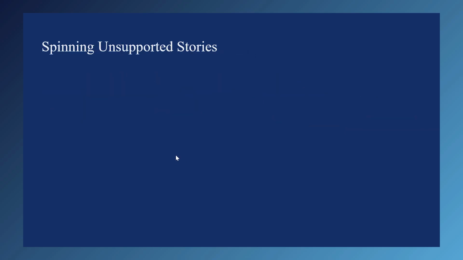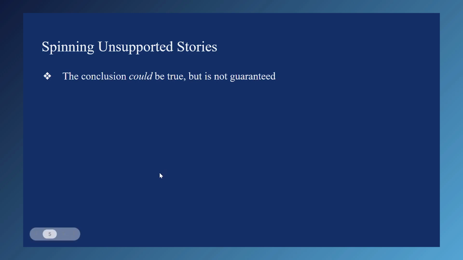When spinning unsupported stories, which is what we would like to avoid, the conclusion could be true, but is not guaranteed. This comes up a lot in critical reasoning because a lot of the conclusions could be true, but are not guaranteed, and we are supposed to point out where the author is spinning unsupported stories in many cases.